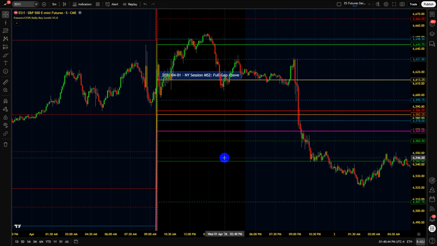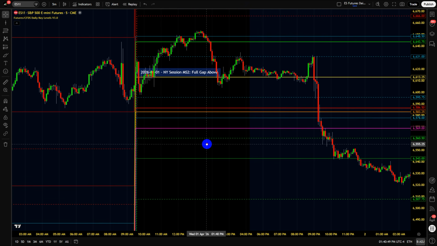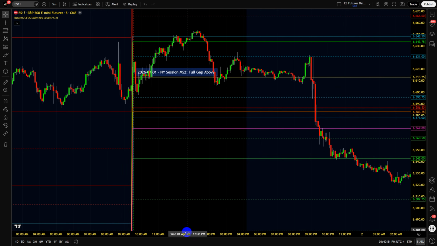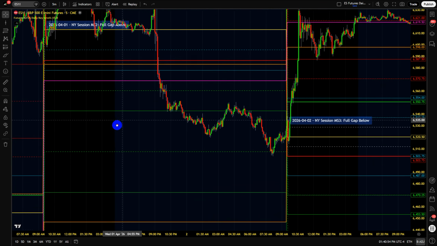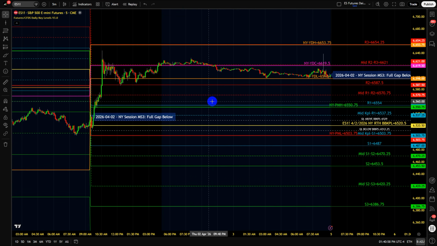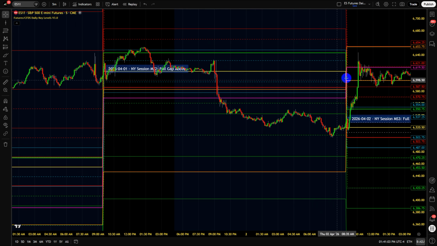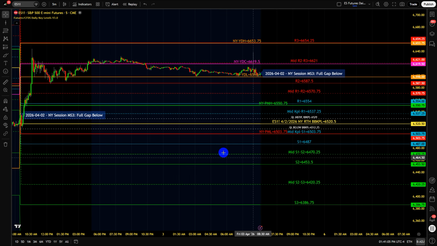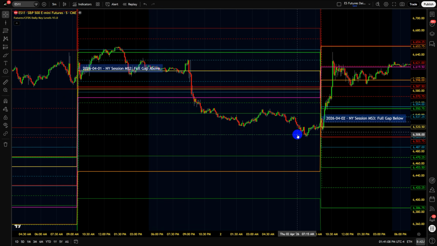Now keep in mind the beginning of each session is going to be the 9:30 candle. Now, one thing you want to keep in mind with historical sessions is that you're not going to have line labels for each session. So we don't have historical line labels. There is a limit on how many plots you can do and how many labels you can do in TradingView in the coding, so it's just not feasible for that reason.